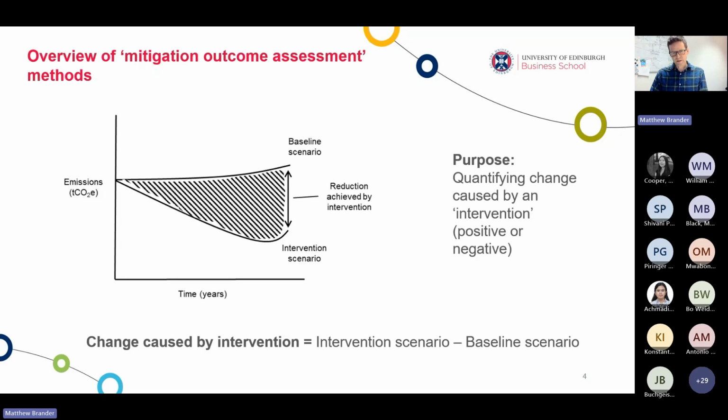The simple calculation for the change caused is just the intervention scenario emissions minus the baseline scenario emissions. That gives you the change caused. And just to touch on it now, the other thing to note is that this method is very much giving temporal information on when emissions and removals occur. So it's structured as a time series, and I'll talk a bit more about that a little bit later on.